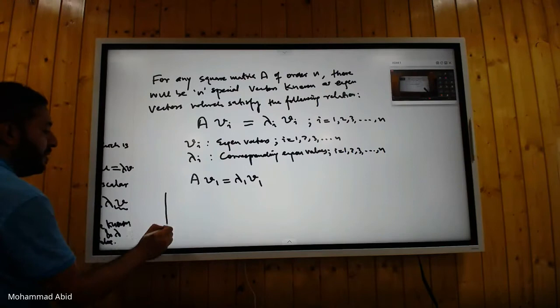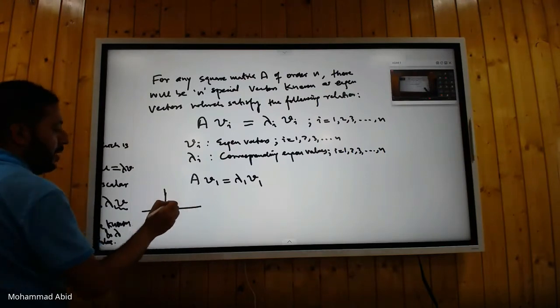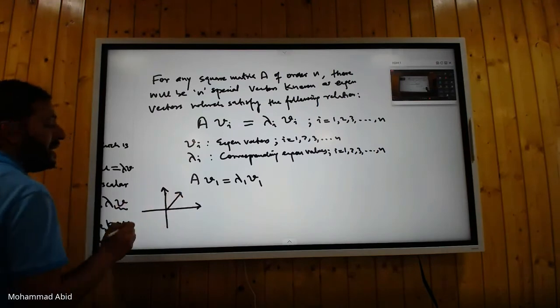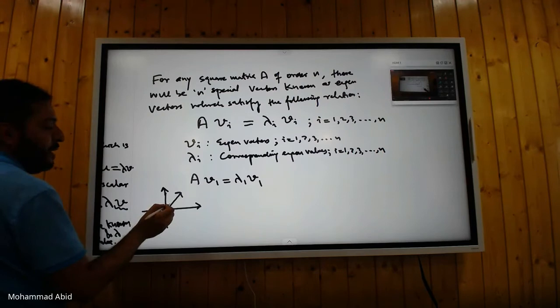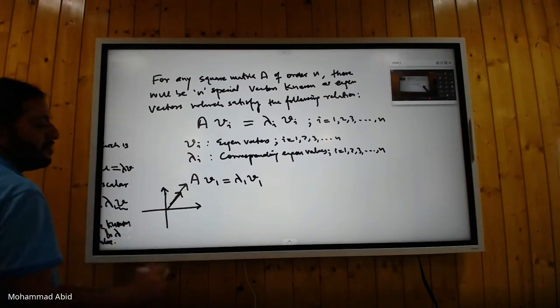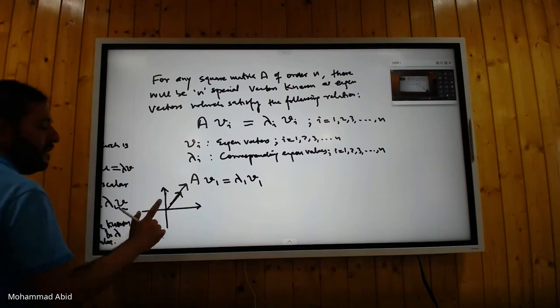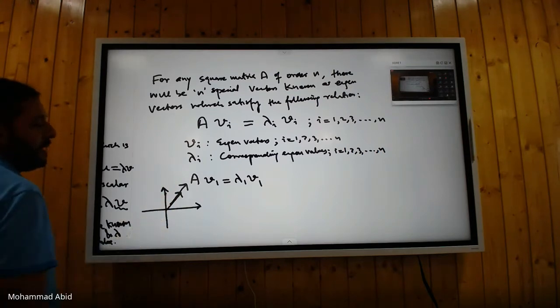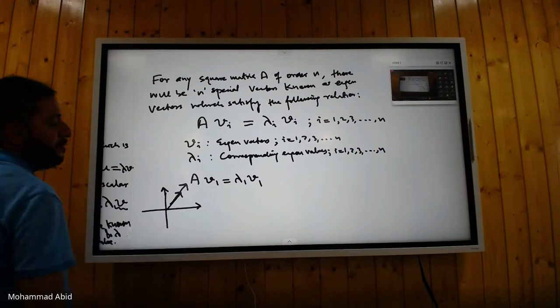It's like this. You have a vector here. If it is an eigenvector and you multiply it by matrix A, whose eigenvector it is, you will end up with another vector in the same direction. It is a different magnitude, but the direction is same.